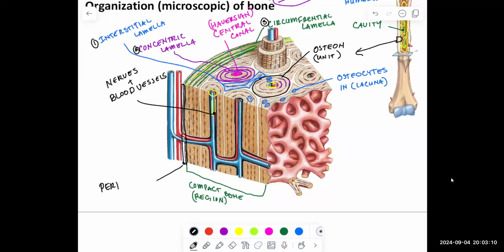Remember, peri means wrapper. Periosteum means it wraps the bone. This is the outer layer of bone. It's called periosteum. And as a heads up, this is made of dense irregular connective tissue.